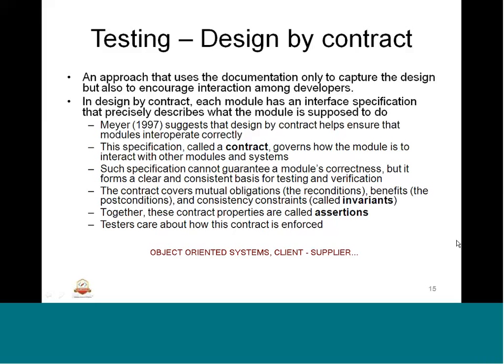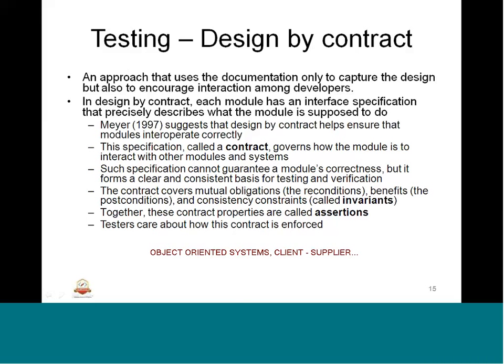It is an approach that uses documentation not only to capture the design, but also to encourage interaction among developers. So basically, through documentation on the models or any specification, we are going to interact, and with the help of that interaction, we are covering the testing.